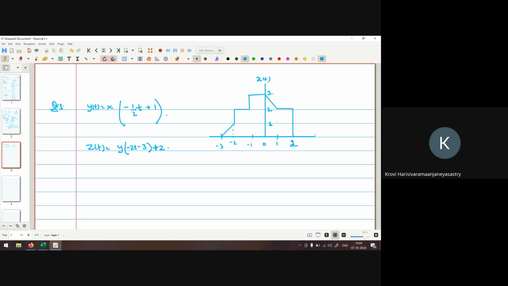Sir, the first signal will vary from -2 to 1 by 2. Okay, let me check.